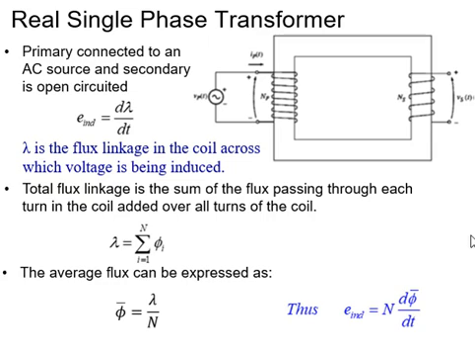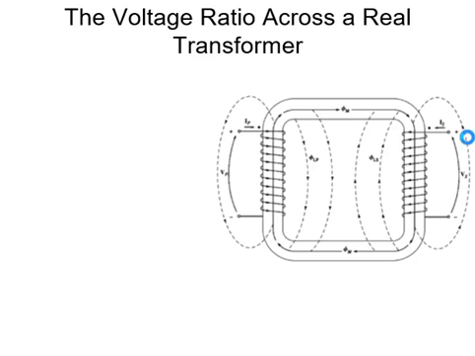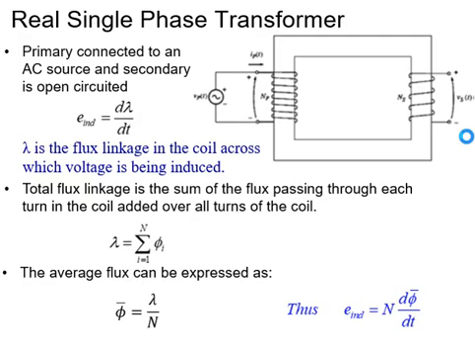If we put this value of lambda, which becomes average flux times N, in the first equation on this slide, then the equation becomes E induced is equal to N times d of average flux over d of t.